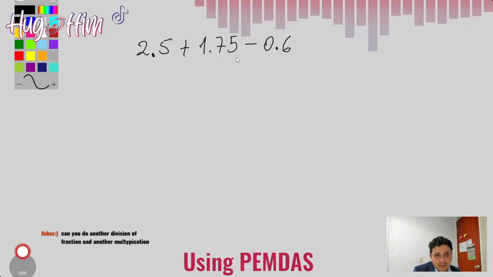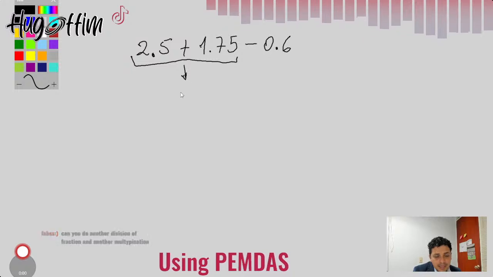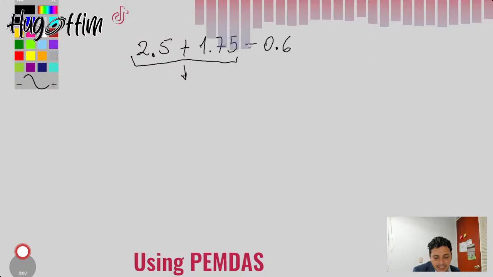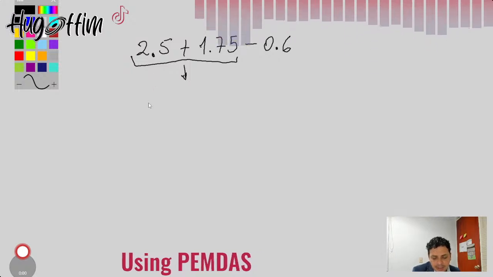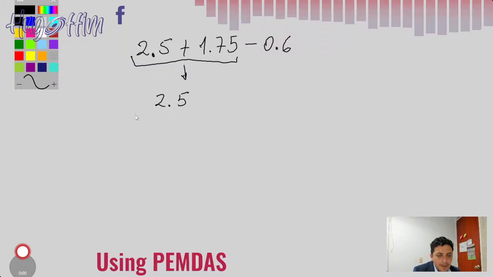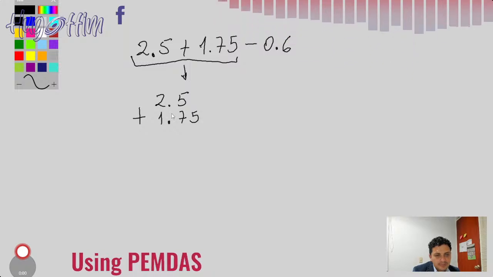In this case, I'm going to use just this operation first, and then the answer I'm going to subtract by 0.6. So 2.5 plus 1.75.